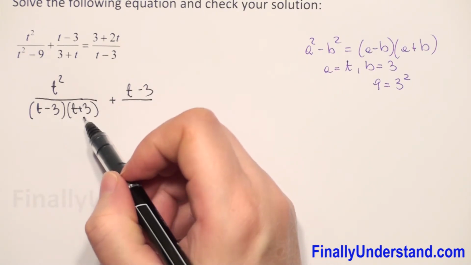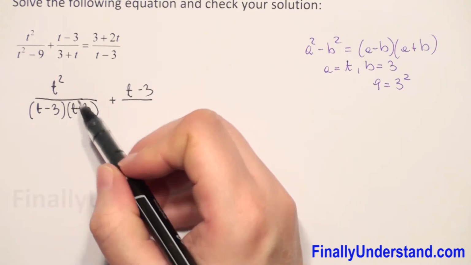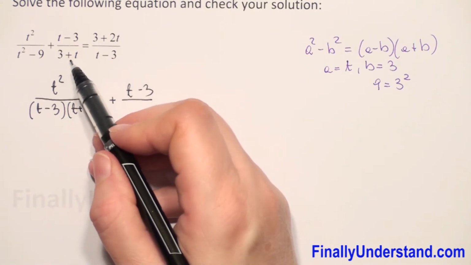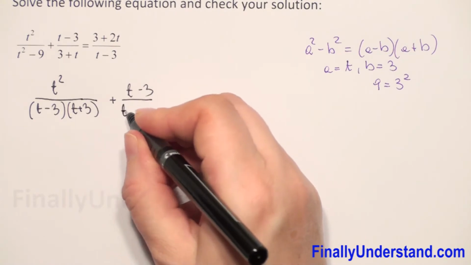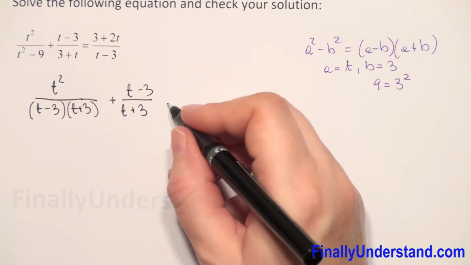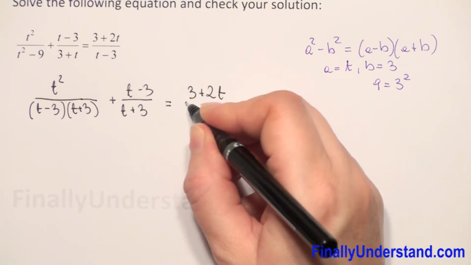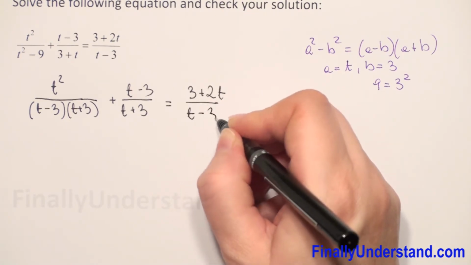In the first denominator we have t plus 3, so I will change the order and put the variable t first, plus 3. This is equal to 3 plus 2t over t minus 3.